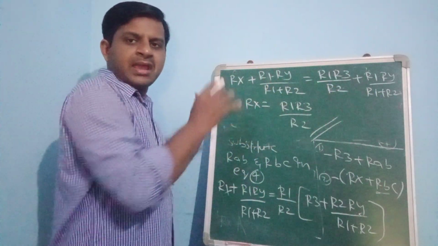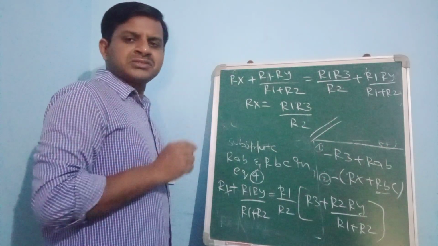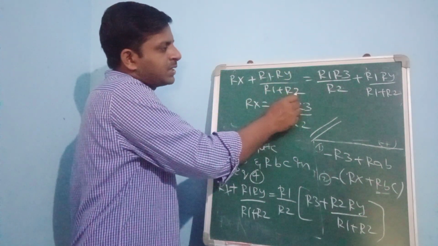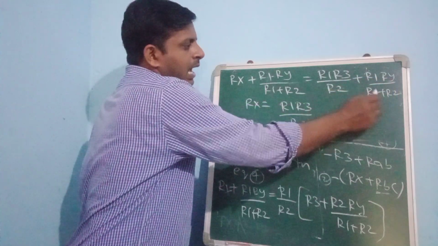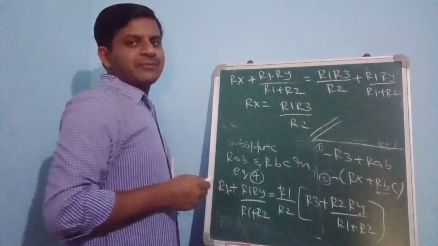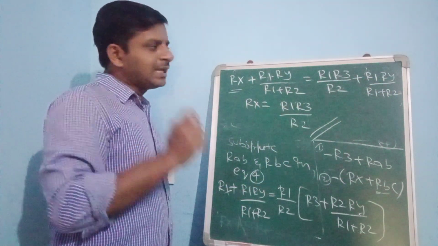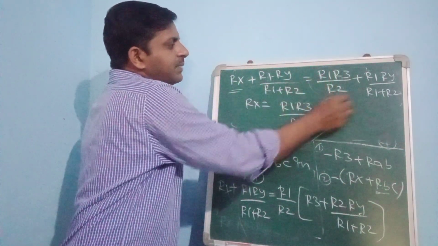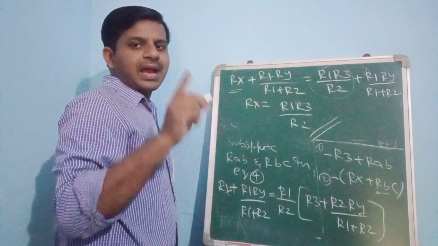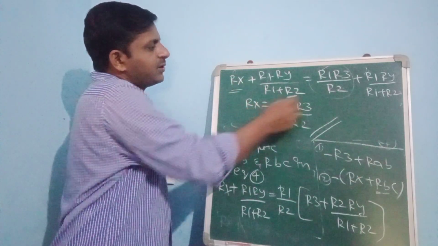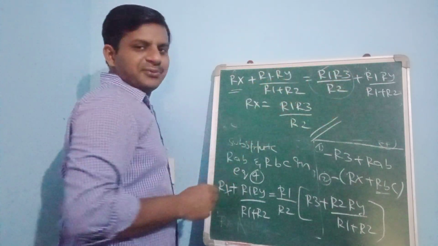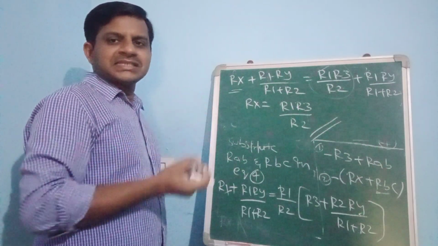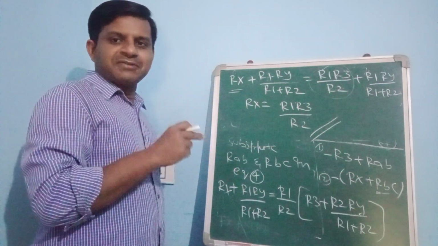From this expression, you can clearly see that R1 Ry by R1 plus R2 appears on both sides, so those terms are equal and cancel. The only different term is R1 R3 by R2. Therefore Rx equals R1 R3 by R2. This is how we measure the unknown resistance value with the help of the Kelvin bridge.